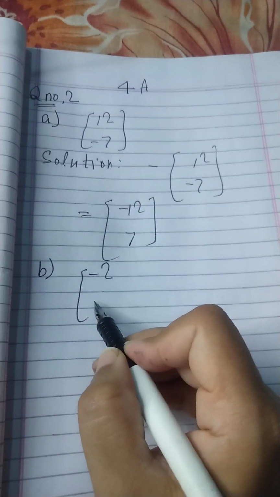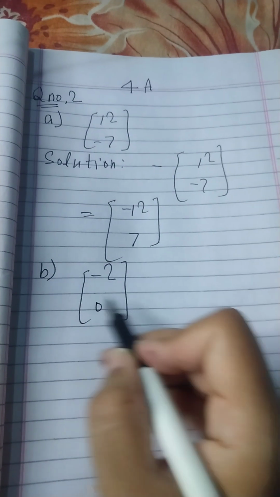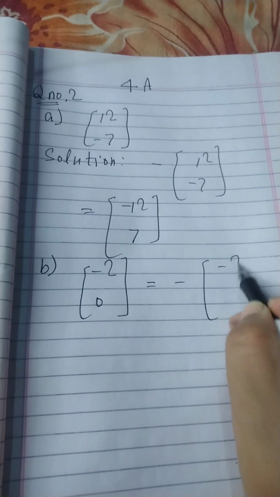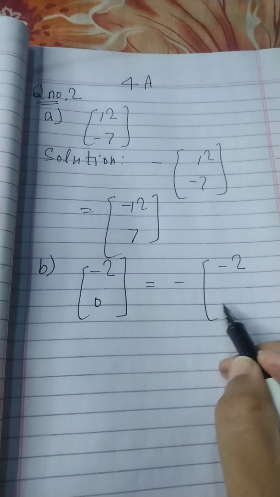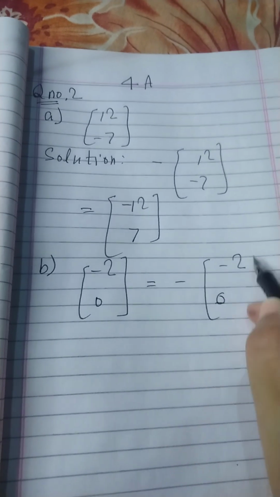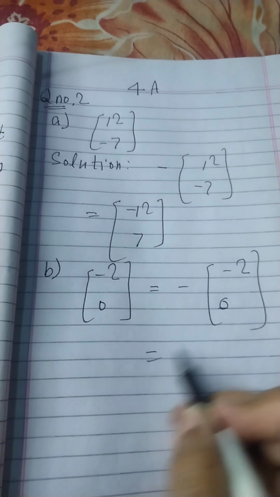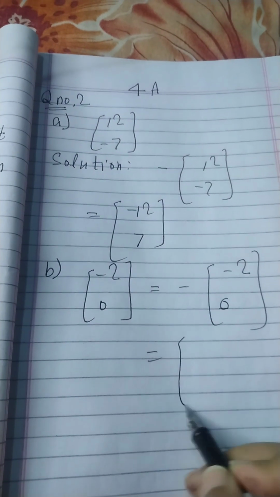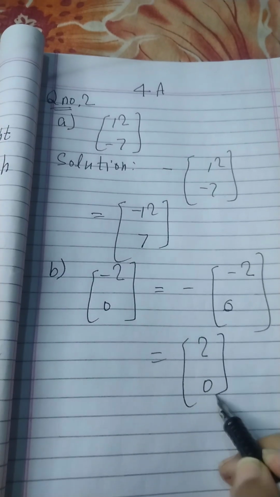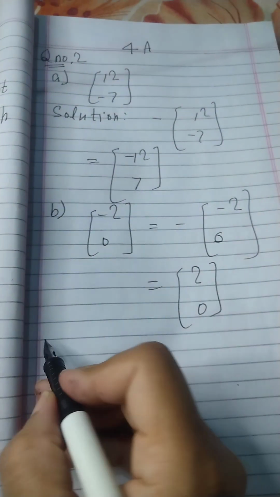Now the next part, (-2, 0) is equal to minus times (-2, 0). It will become minus times minus, positive 2, and 0 will remain the same. It's neither positive nor negative.